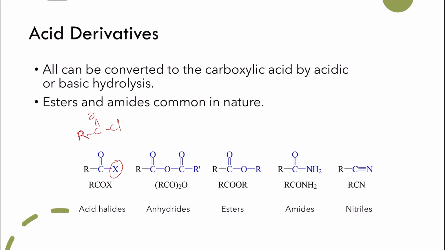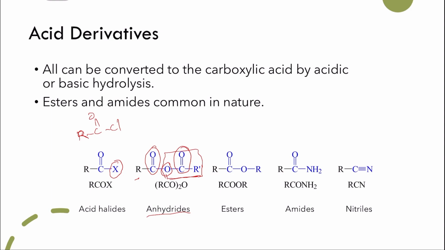If you replace it with another carboxylate group, an alkyl carboxylate group, then it's called an anhydride. So an anhydride is a carbonyl group, then oxygen, then another carbonyl group, and you have two alkyl groups on both sides. These are the acid anhydrides.